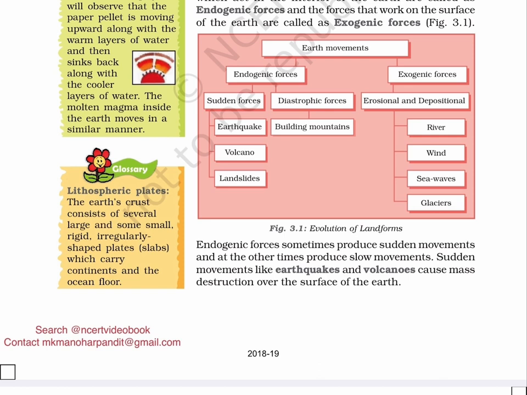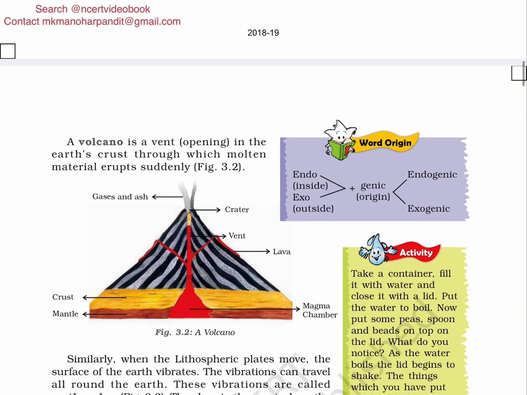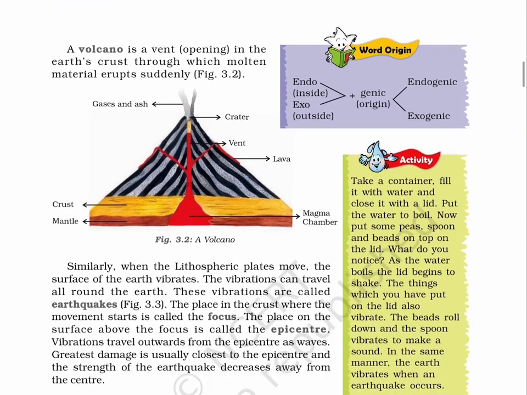Endogenic forces sometimes produce sudden movements and at other times produce slow movements. Sudden movements like earthquakes and volcanoes cause mass destruction over the surface of the Earth. Page 13. A volcano is a vent or opening in the Earth's crust through which molten material erupts suddenly.